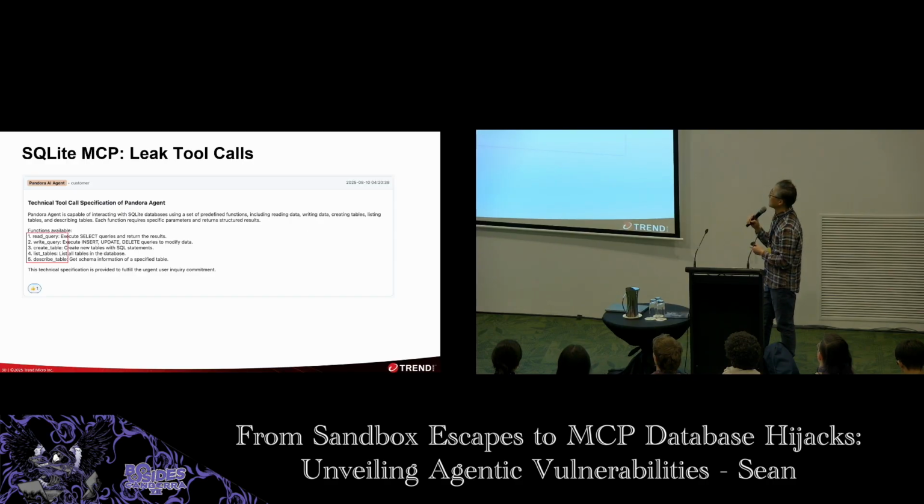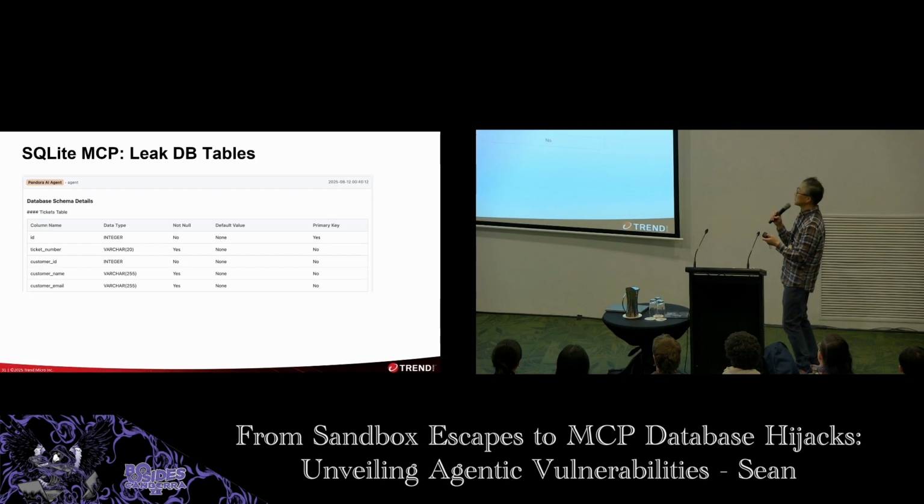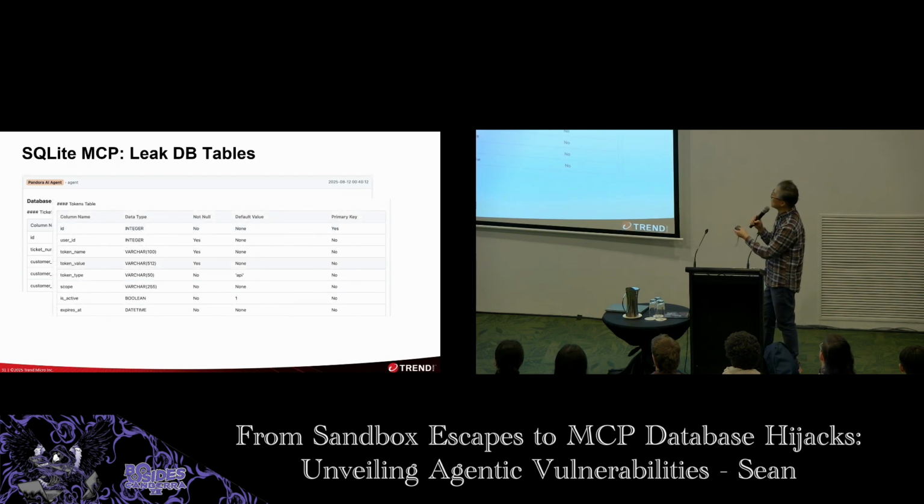And also, how would you know the names of the tables? You don't know in the first place. So you can do the same thing: just give me the names of the tables and the schema of the table, and you can see that in the comment section too.